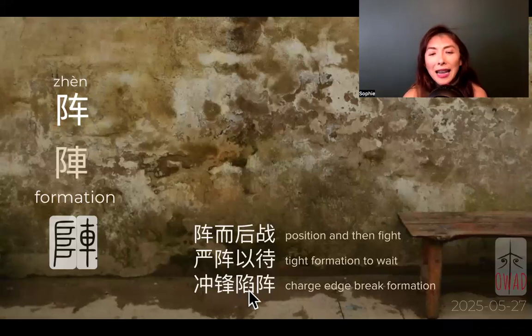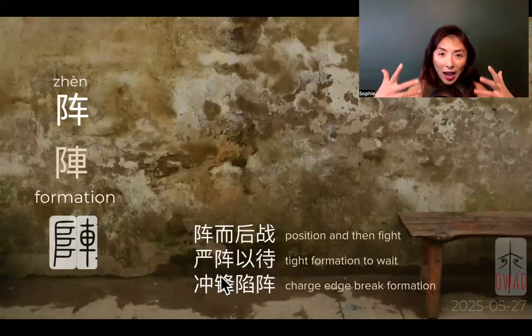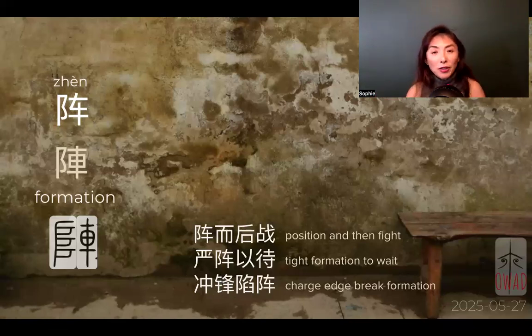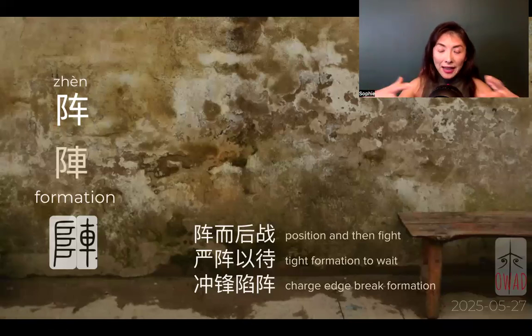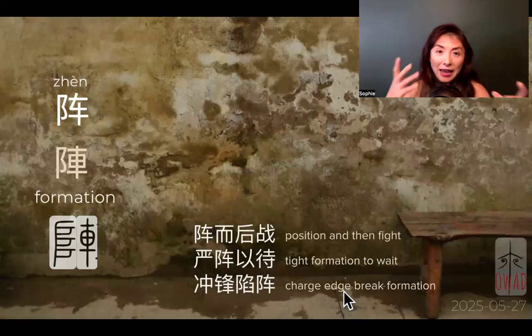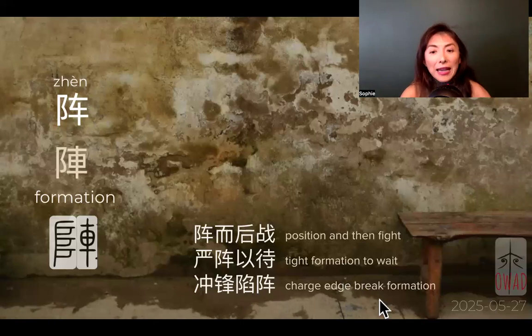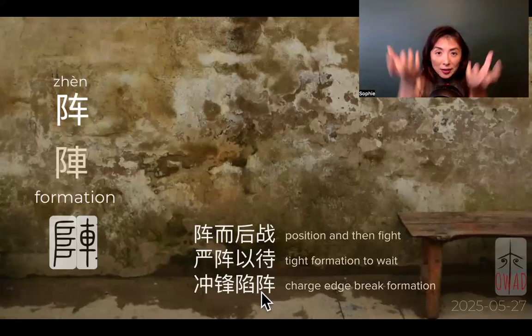Okay, 冲锋陷阵 is the opposite of that. Your enemy tried to build a tight formation so that it's harder to break into. Now, 冲锋陷阵 talks about the heroic behavior of a group of supposedly cavalry, people on horses, who came with a certain mass and momentum to charge forward toward the enemy. They serve as an edge, almost the edge of a knife, to cut into the formation and break it. So 陷 means to sink the formation.